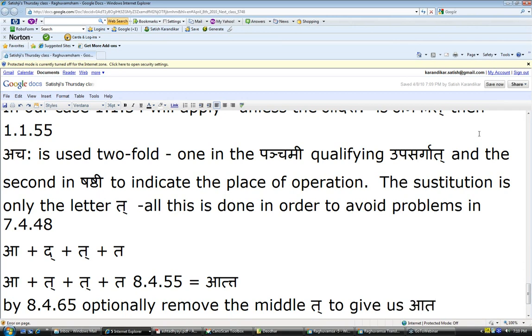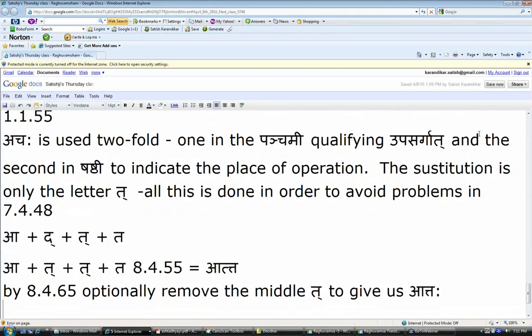Okay, so what does 8.4.65 require? This is an important rule, 8.4.65. 8.4.65 requires the following combination: a hal plus jar, and the two jars should be savarna. Remember this rule. It comes into use many times.